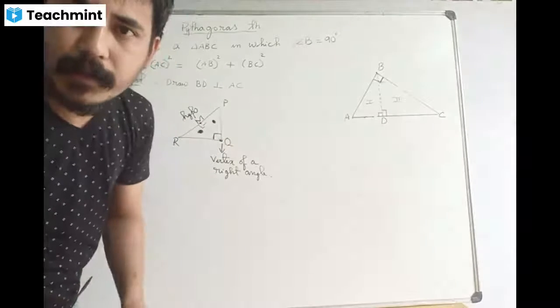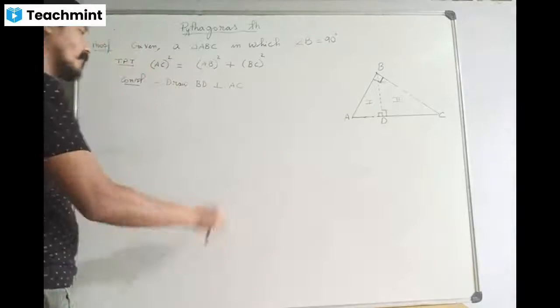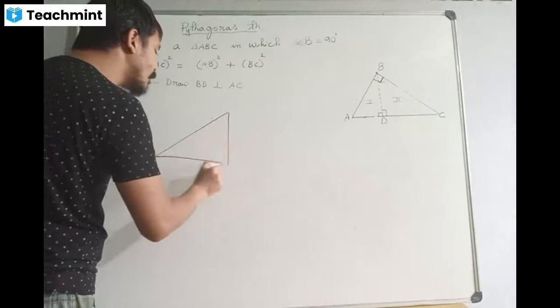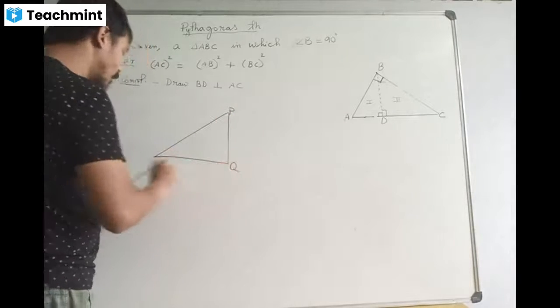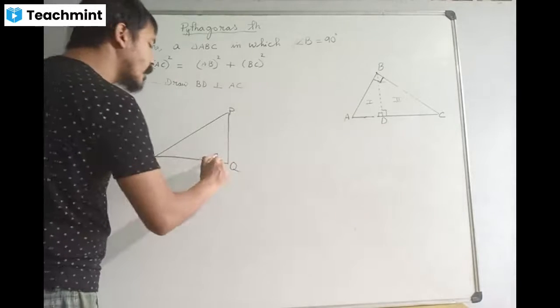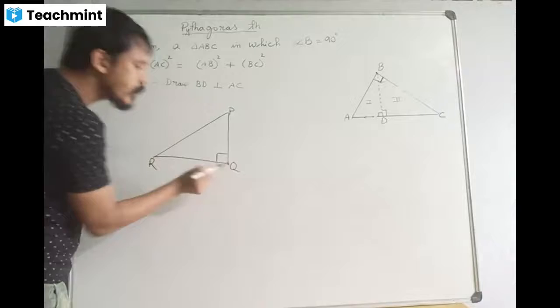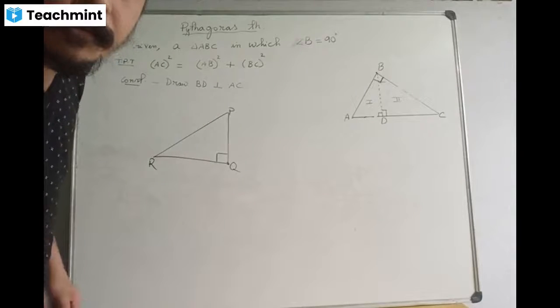Let me repeat it again. Let me draw a simple right triangle PQR, right angle at Q. Then this Q is the vertex of your right angle, right?